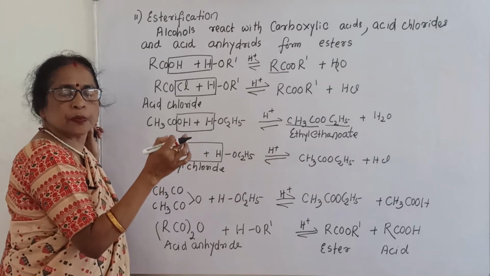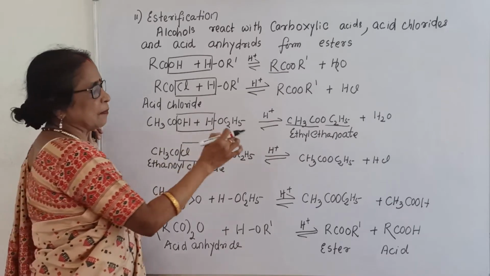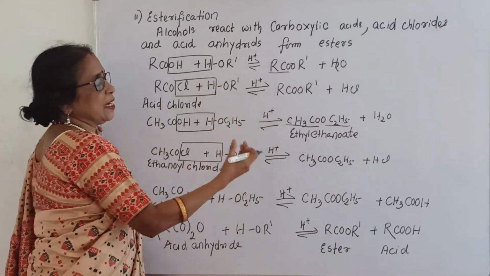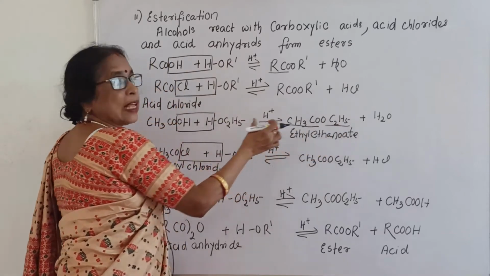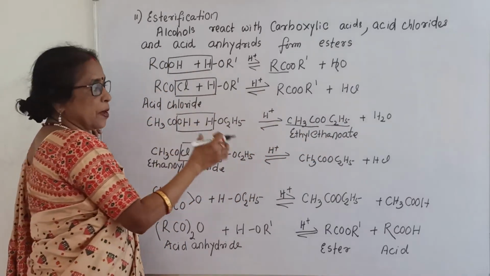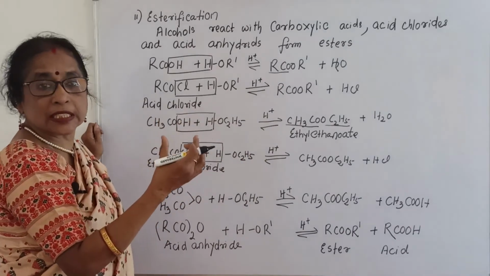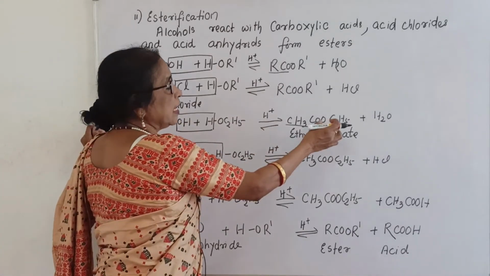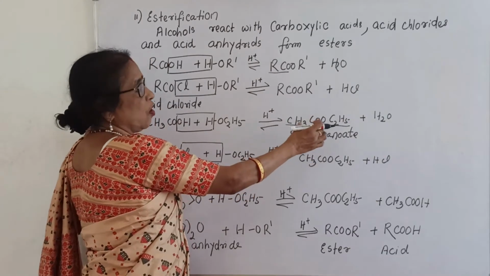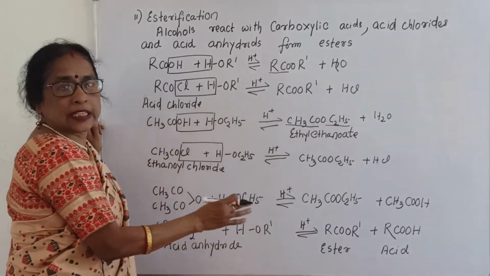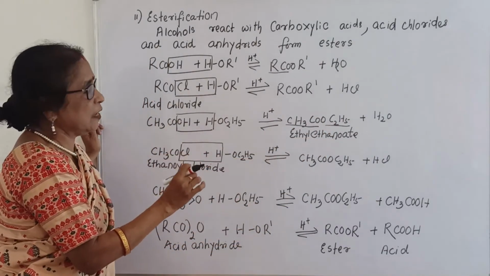Because it comes from acetic acid. Or by IUPAC name, ethanoate. Why ethanoate? Because it comes from ethanoic acid by IUPAC name. So what is the name? Ethyl ethanoate. I hope it is clear. Now you feel it is very easy.